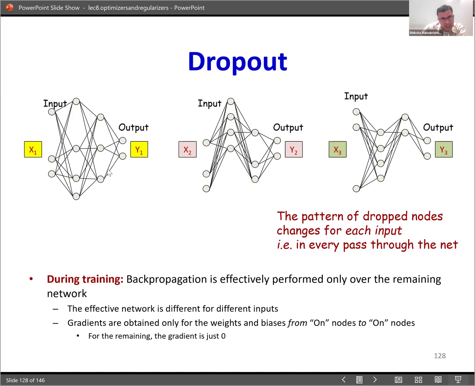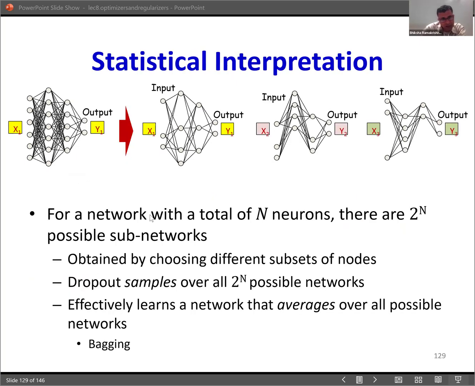So how many such different networks can I get if I have n neurons in my overall network? How many such networks can I get? Anybody? 2 raised to n, because every neuron can either be switched off or on. So for a network with n neurons, there are 2 raised to n possible subnetworks obtained by choosing different subsets of nodes.